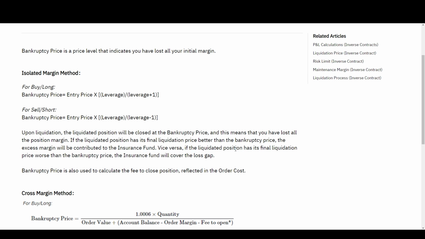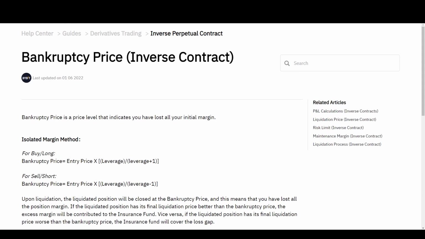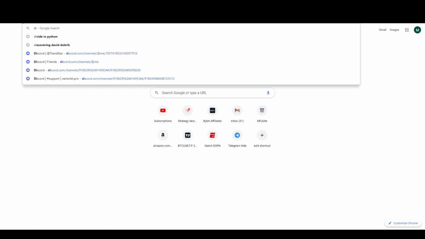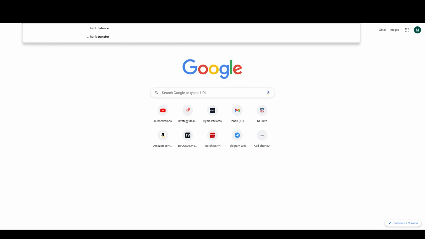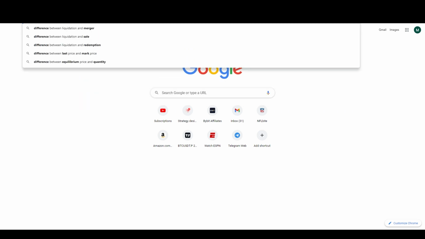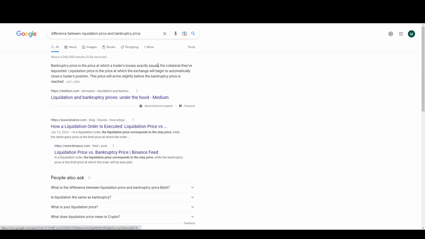Vice versa, if the liquidated position has its final liquidation price worse than the bankruptcy price, the insurance fund will cover the loss gap. What is the difference between a bankruptcy price and liquidation price?